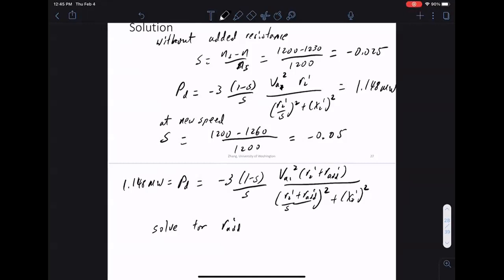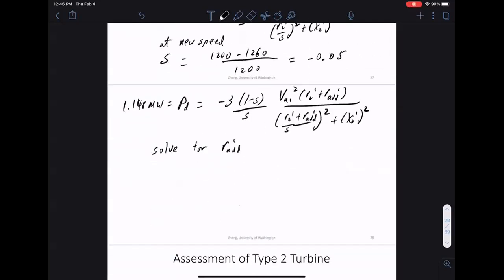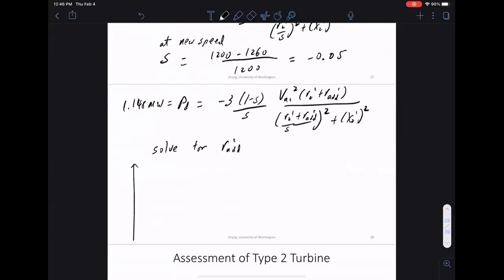That's a graphing solution. You can either use a nonlinear equation solver if you're very familiar with those kinds of solvers, or the easiest thing to do is probably to plot R add versus PD. You can look at the right-hand side and plot this.